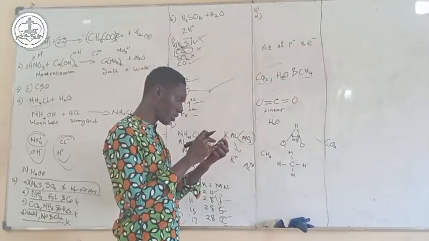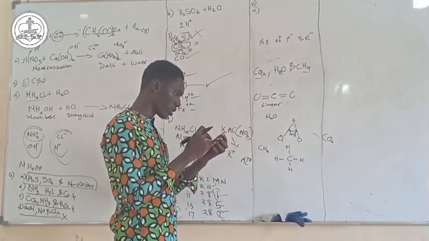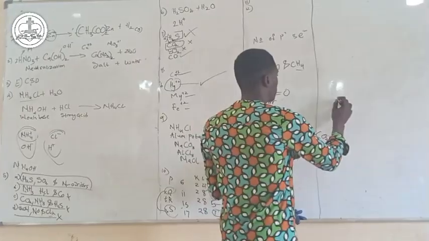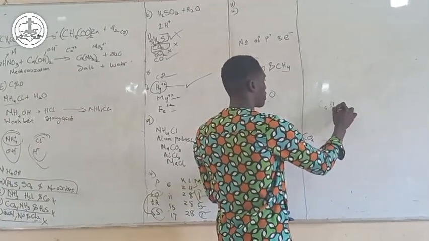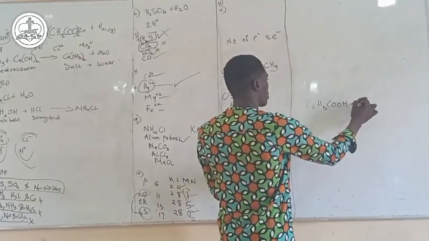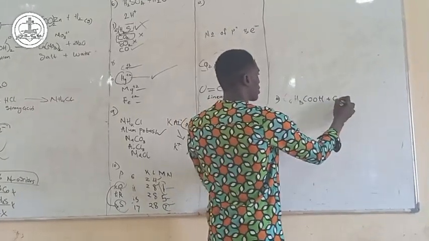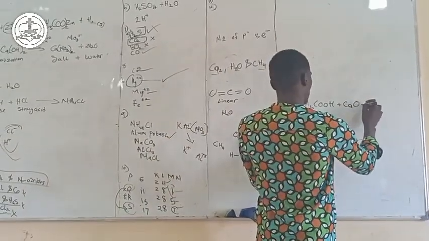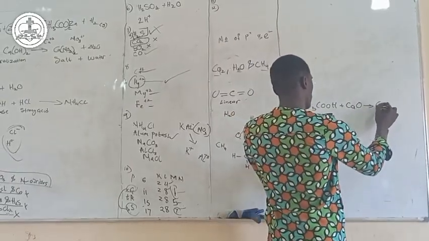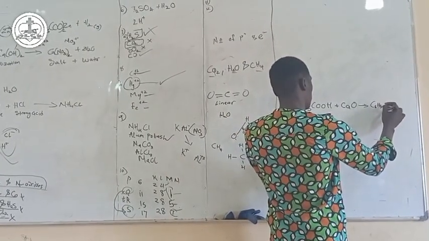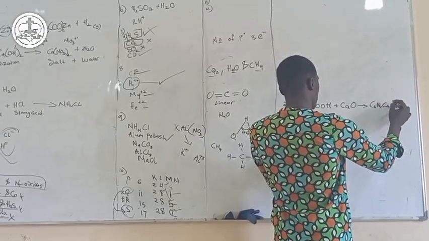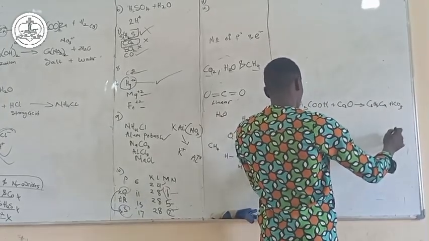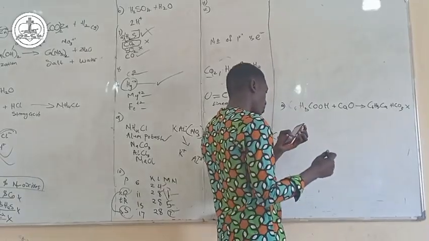A, we have benzoic acid, C6H5COOH, plus CaO, and in the option the product it gives is C6H5CaHCO3. This is wrong.